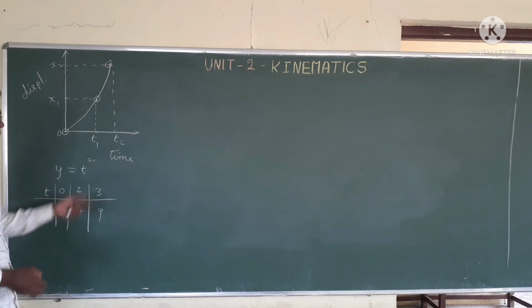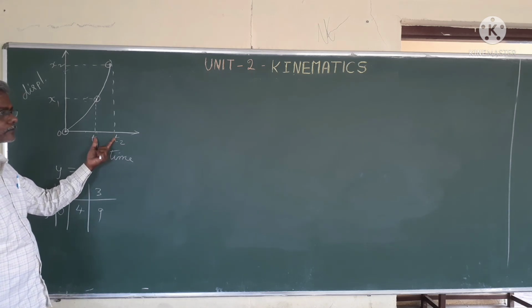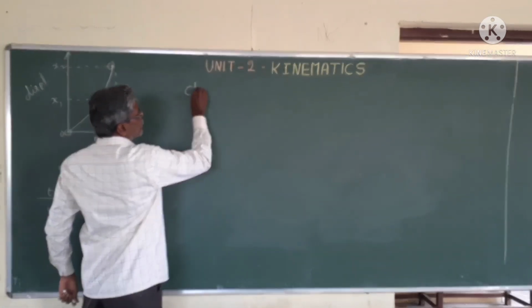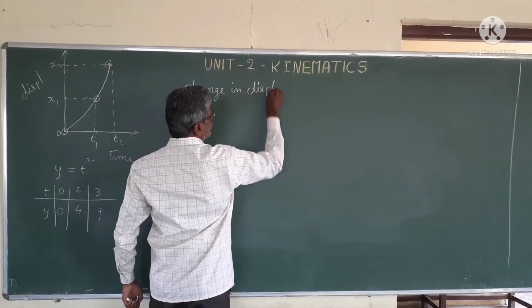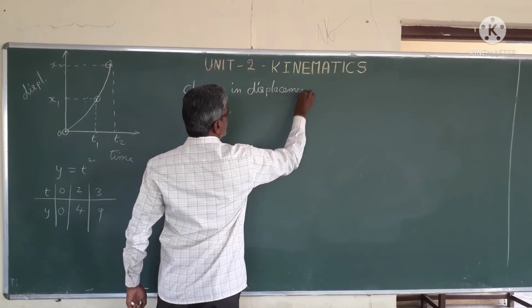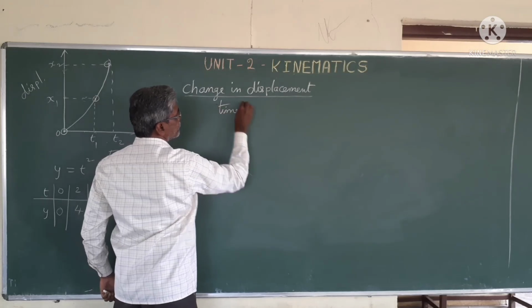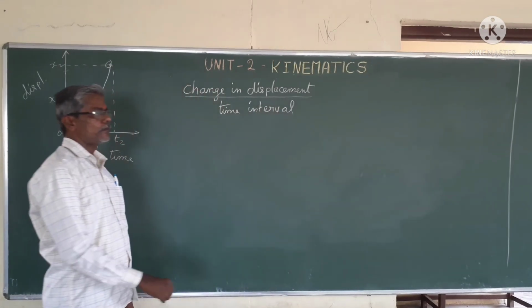Now within this time interval, what is the change in the position or what is the change in the displacement? How I can write change in displacement by time interval?